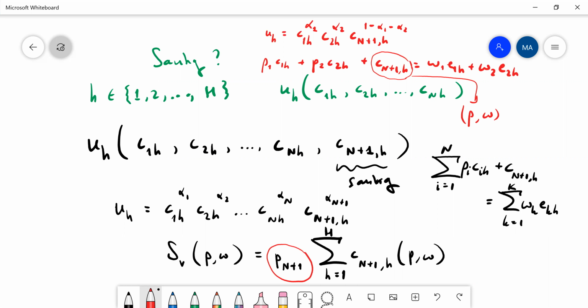Then you also have this, of course. Is there any question about this, the saving part? It's all very simple. So this is like a trick. Look at this budget constraint now.